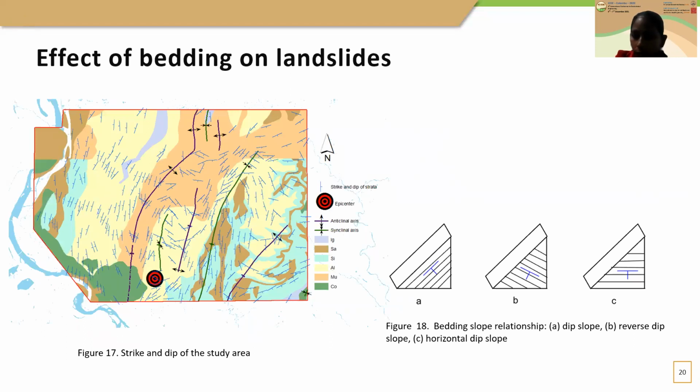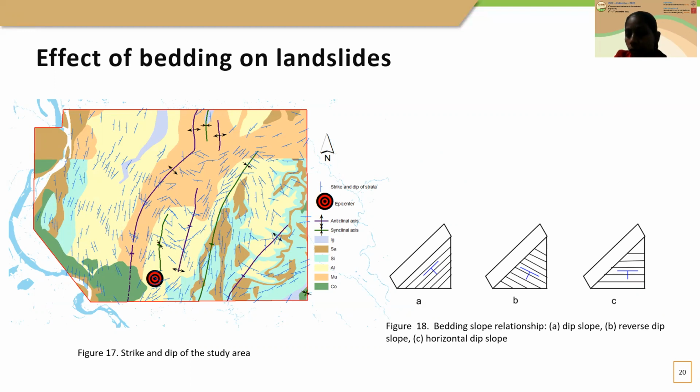And when you come to the bedding influence on landslides, the geometrical relationship between the bedding attitude and terrain geometry is crucial to understanding landslide distribution. It is not easy to obtain this information directly from the bedding attitude for a large area, because it is time consuming and intensive field surveys are required.